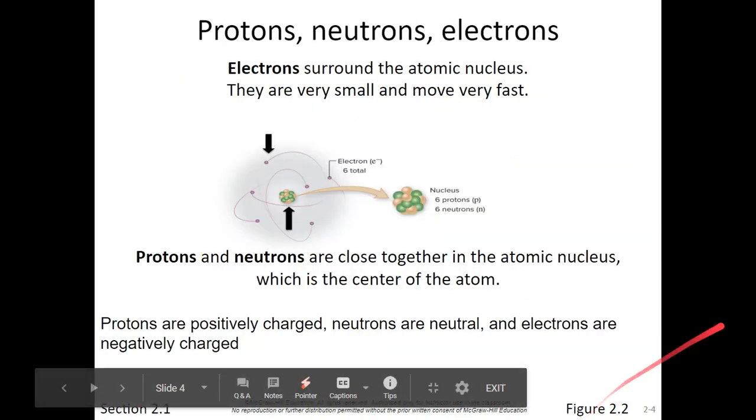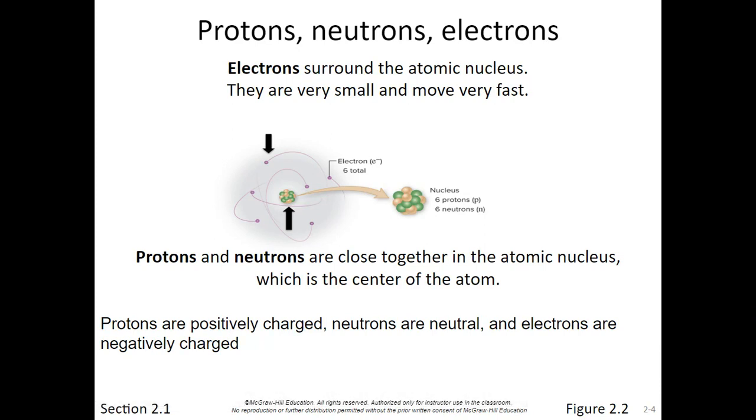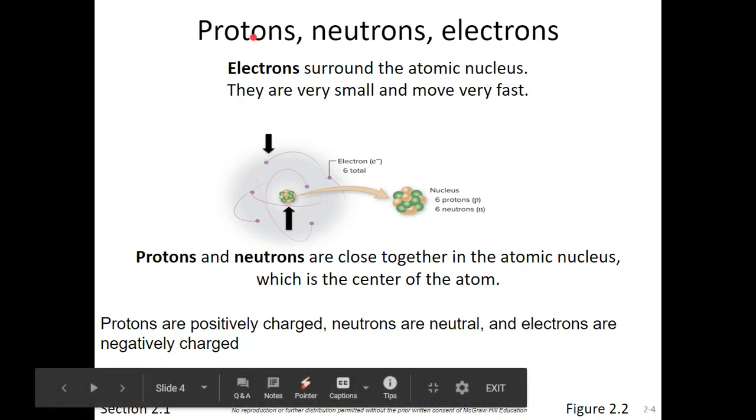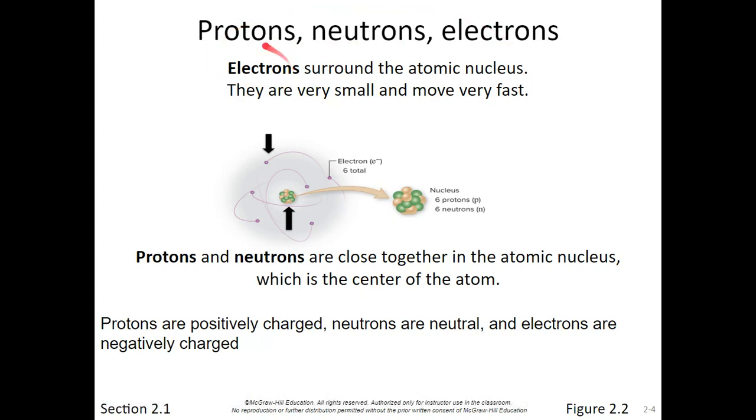Now you can see parts of an element. The part of an element is an atom. Now, parts of an atom. Every single atom consists of protons, neutrons, and electrons. Electrons are the ones which surround the atomic nucleus. You can think of security guards as your electrons. Where are these present?